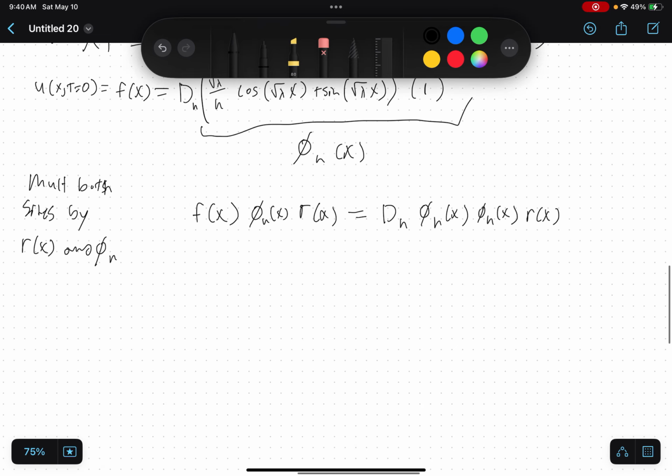Cool. Don't ask me why, because you would think you could just cancel those out, but apparently you can't do that. This is like the standard form of the solution.